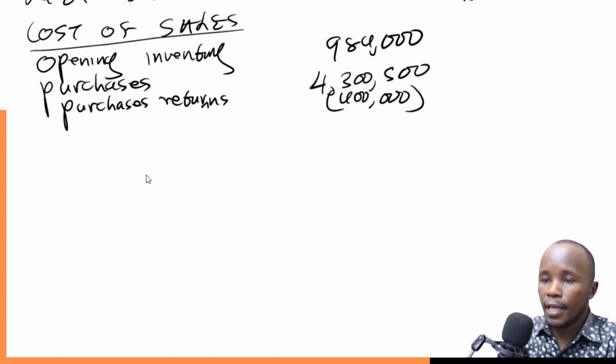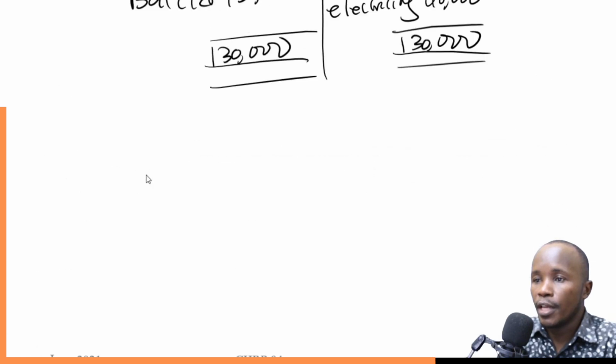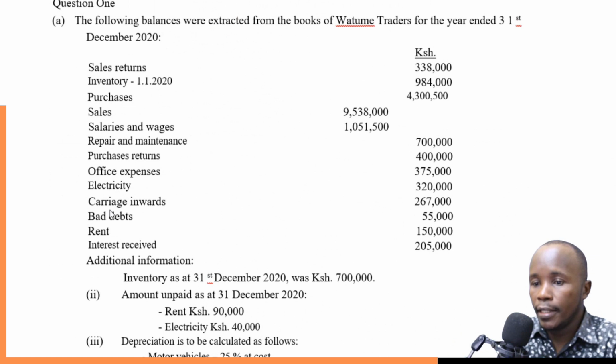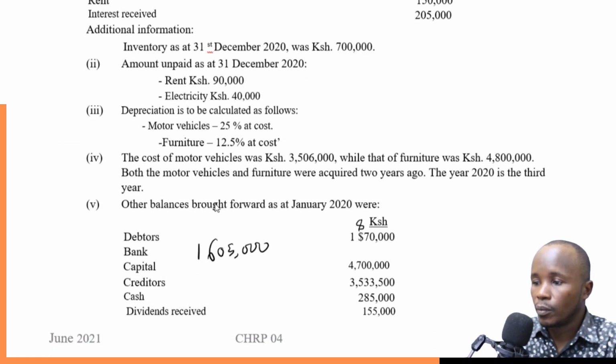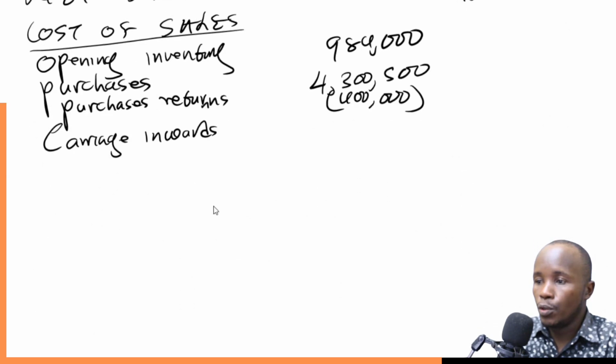How much are they? Carriage inwards in this case is 267,000. Bring them here, 267,000.